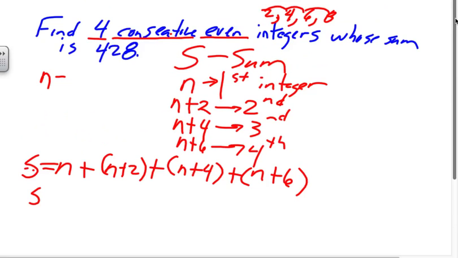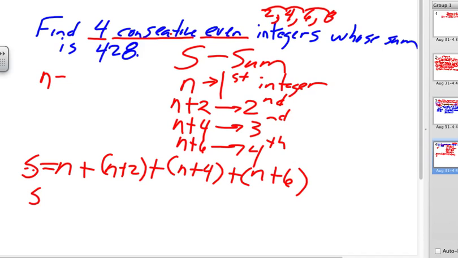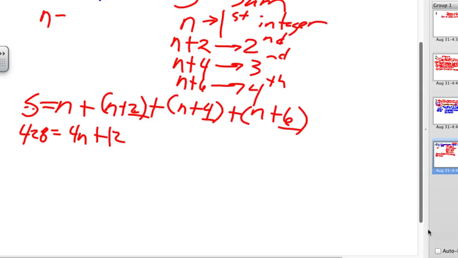It's 428. I'm going to go ahead and put that in here. So 428 is going to equal 4n plus 2 plus 4 is 6, 6 is 12.